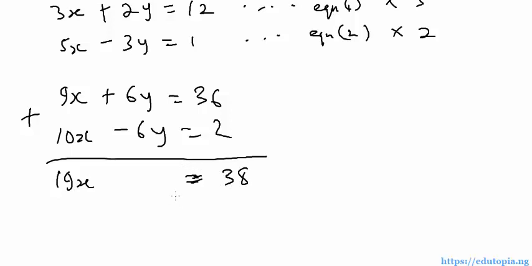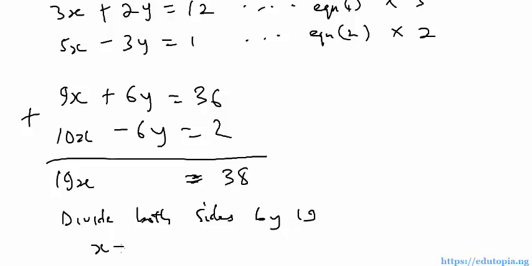So definitely let's look for the value of x. Now since we have 19x equals 38, we have to divide both sides by 19. So x will be equal to 38 divided by 19, which is equal to what? 2. Answer.